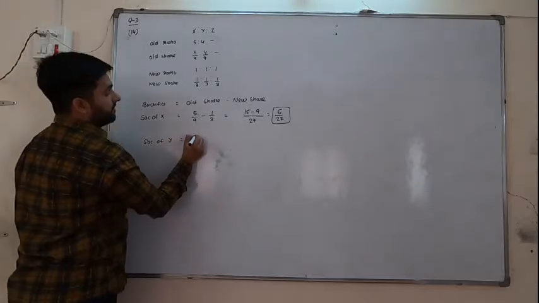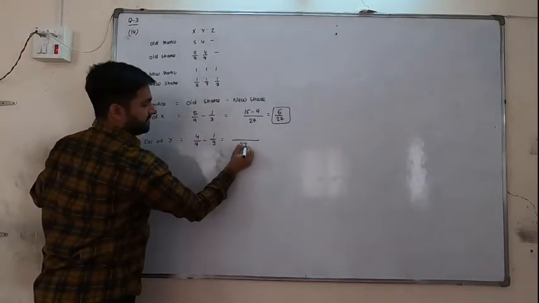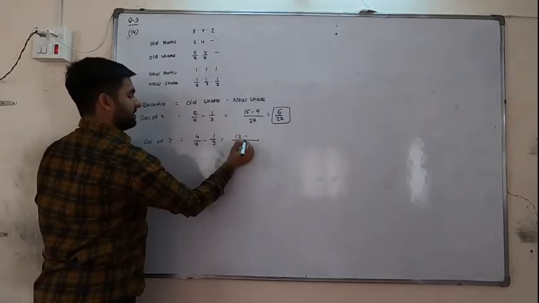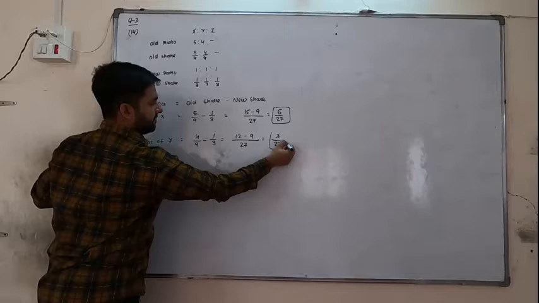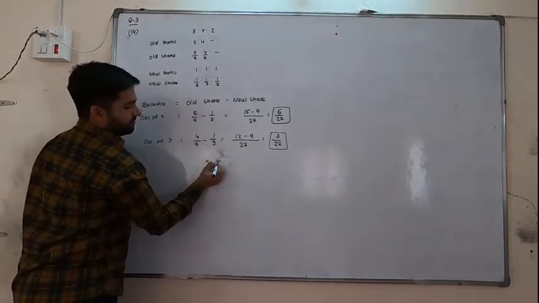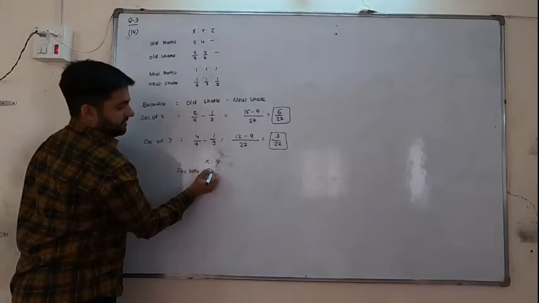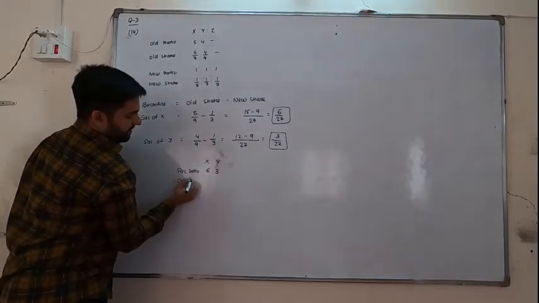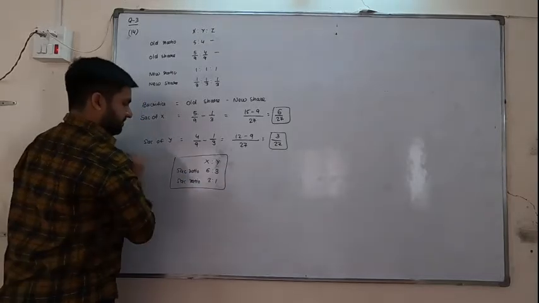Sacrifice of Y: old share 4 by 9, new share 1 by 3. 9 3s are 27, 4 3s are 12, 9 1s are 9, it is 3 by 27. So X is to Y, sacrifice ratio 6 is to 3, or the sacrifice ratio will be directly 2 is to 1.